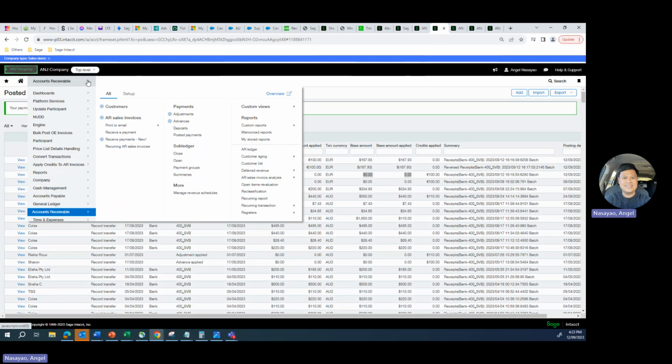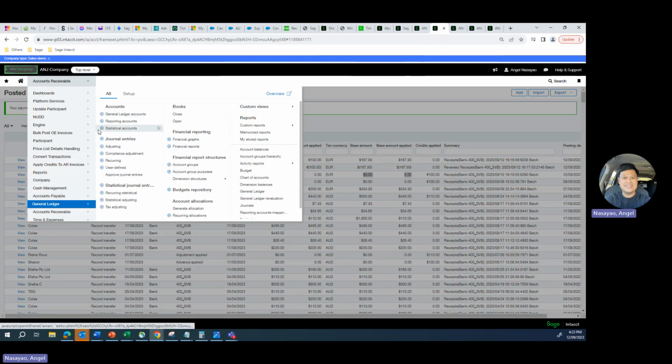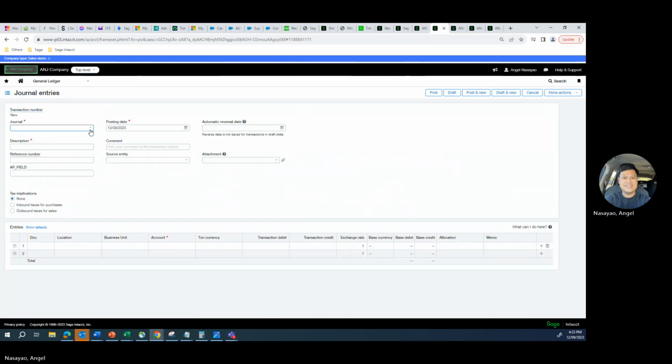So the journal entry will be the one to reconcile or to recognize the actual payment. So the actual payment in here, just disregard tax implication. So 400, I have that there.